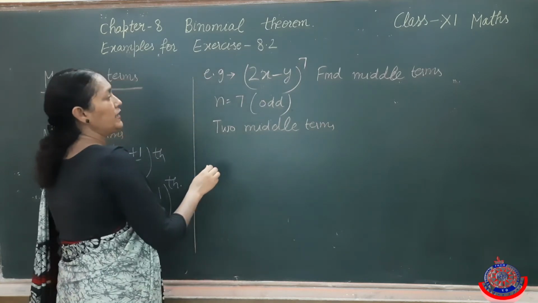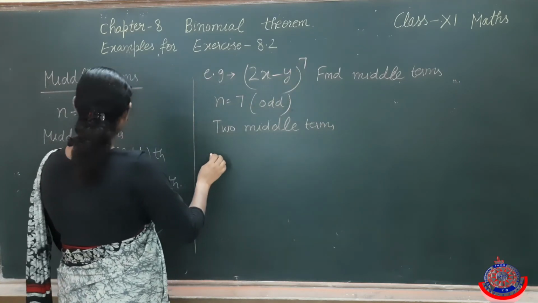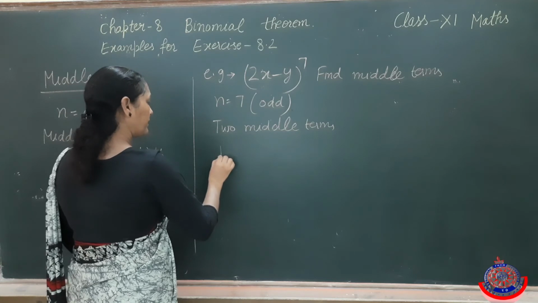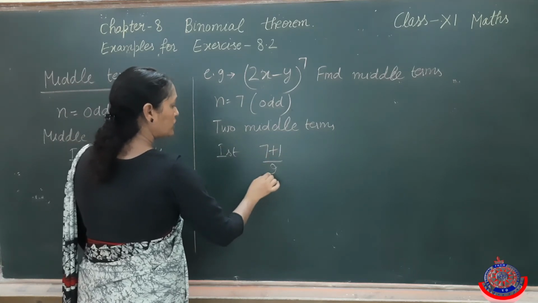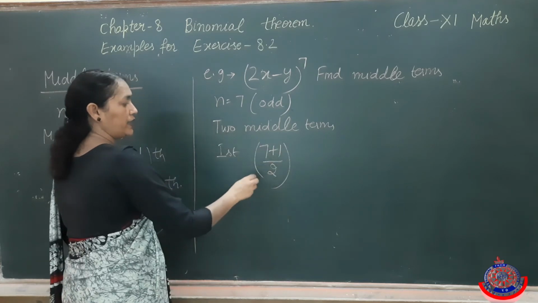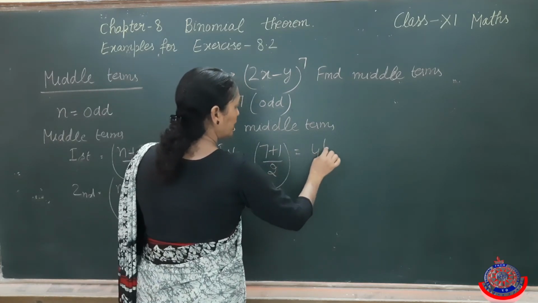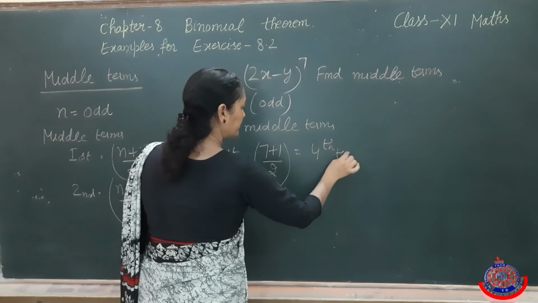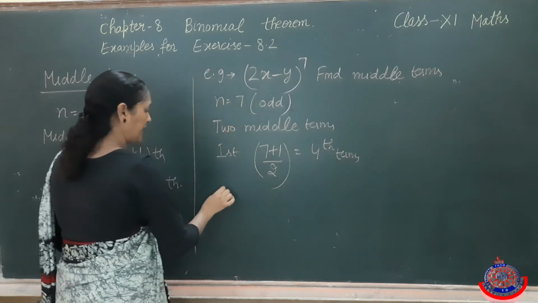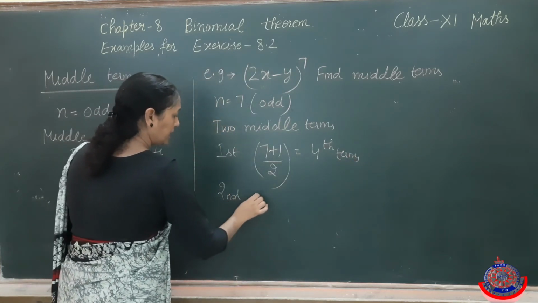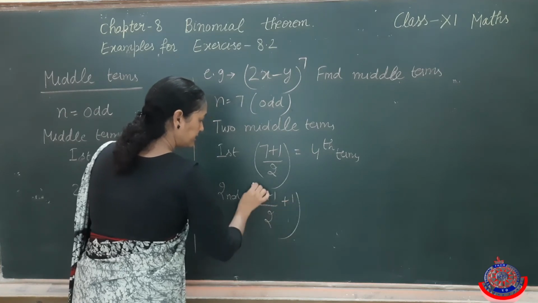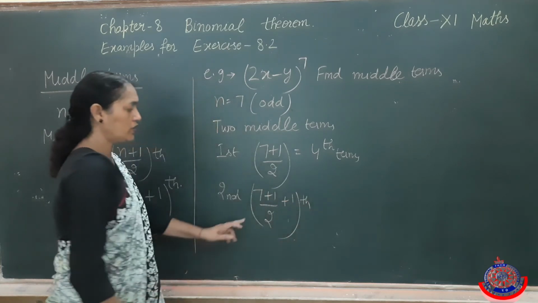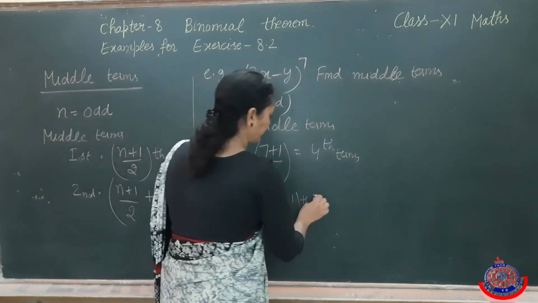First middle term would be n plus 1 upon 2, 7 plus 1 upon 2, 8 upon 2 means fourth term. And second middle term would be 7 plus 1 upon 2 plus 1, means 4 plus 1, fifth term.